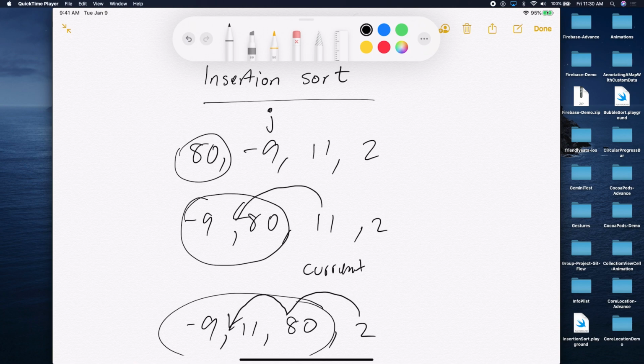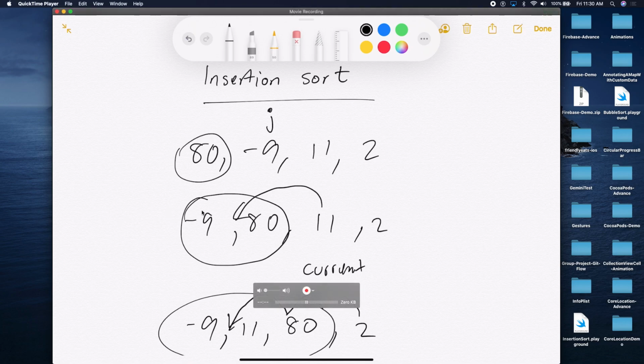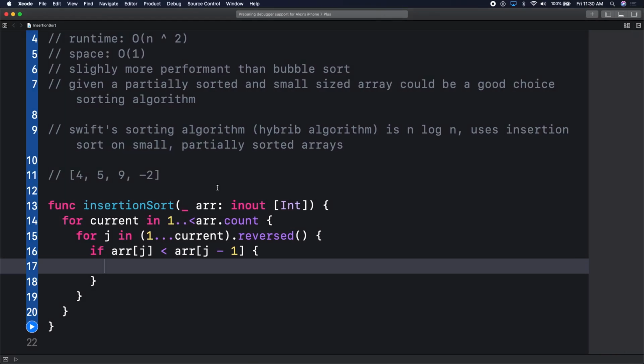If I'm looking at j, is j less than 80? That's what we're looking at, very similar to the bubble sort algorithm. So if j is less than j minus 1, then we want to go ahead and swap.